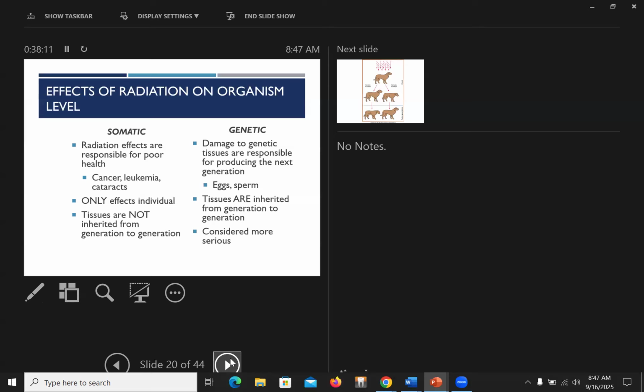So now that damage can be seen in the next generation. Damage to genetic tissue is responsible for producing the next generation. Obviously, if the egg and the sperm get radiated and there's some kind of damage there, that could pass on some kind of genetic damage to the next generation. So that's considered more serious also, obviously.